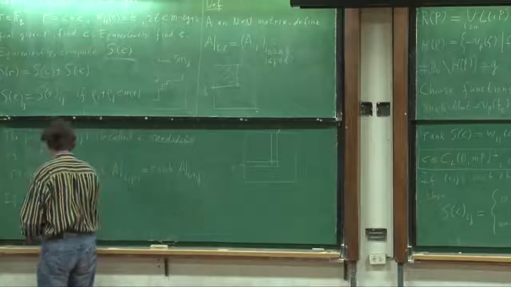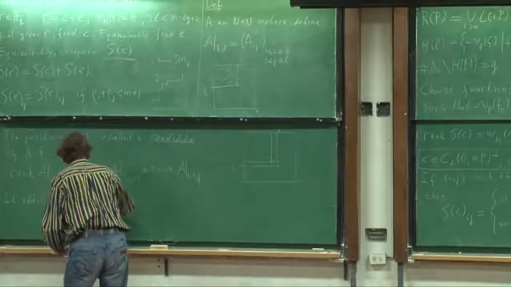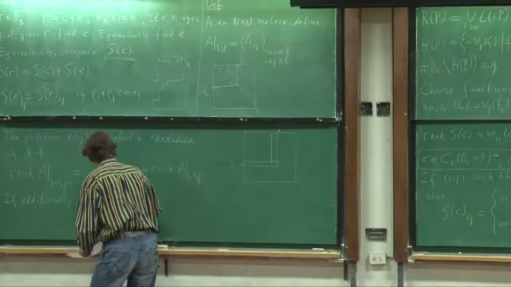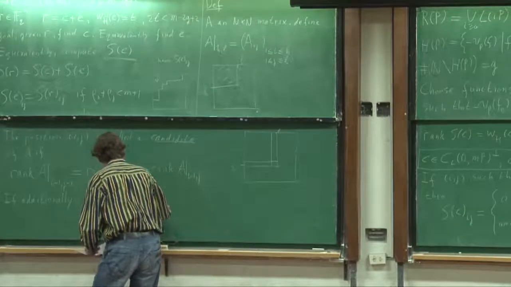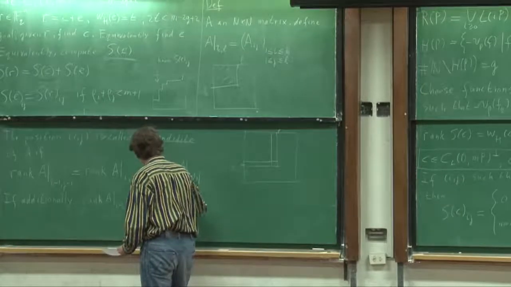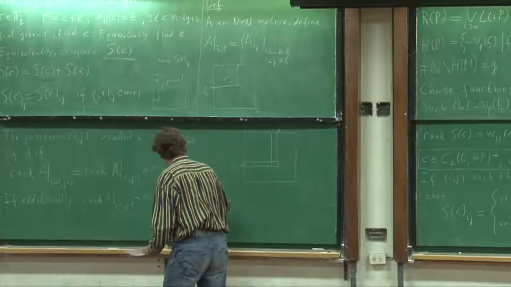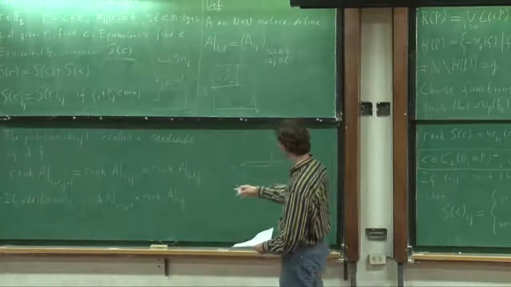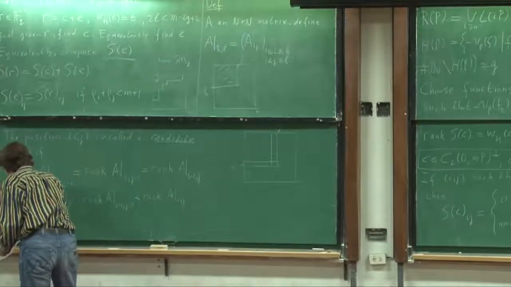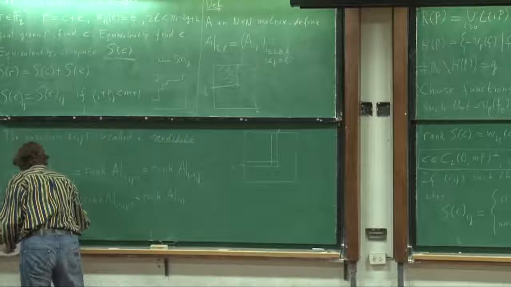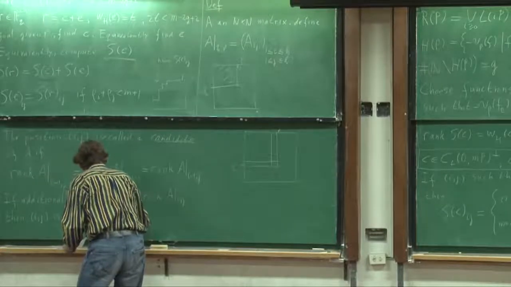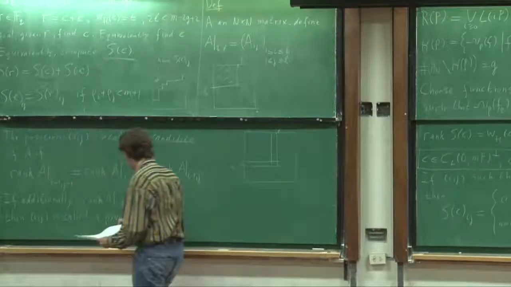Now, if we have additionally that the rank of any of these 3, because now we know they're all equal, let me just write one down, is less than the rank of the full block, i of j, so if these ranks are not the same, then (i, j) is called a pivot, or pivotal position.